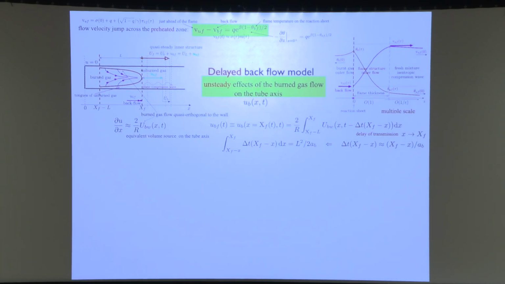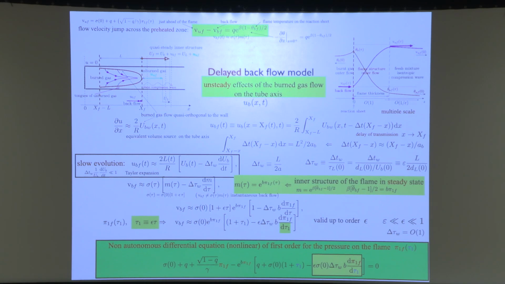Okay. Now, what I did yesterday, I was looking at the response of the burned gas to the unsteady length of the finger flame. And finally, I showed the following: if the flame is quasi-steady, if you neglect the unsteady effect, you have this equation without the yellow part here, which is simply the elongation.